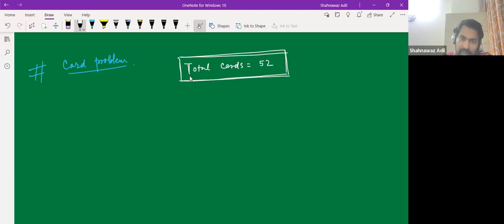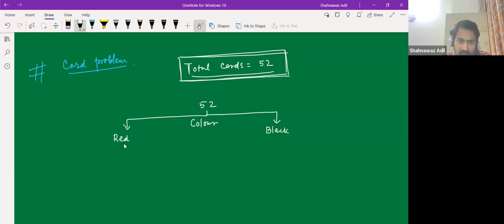Okay, so this playing card deck is divided first by two things, right? On the basis of color. So half is red and half is black. So how many reds? 1/2 of what?